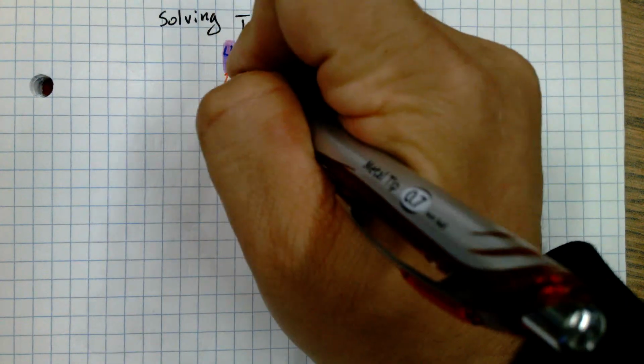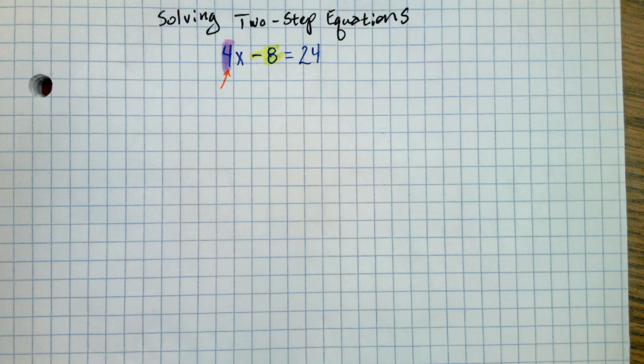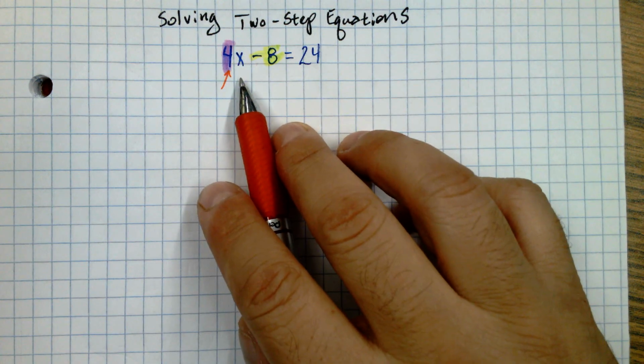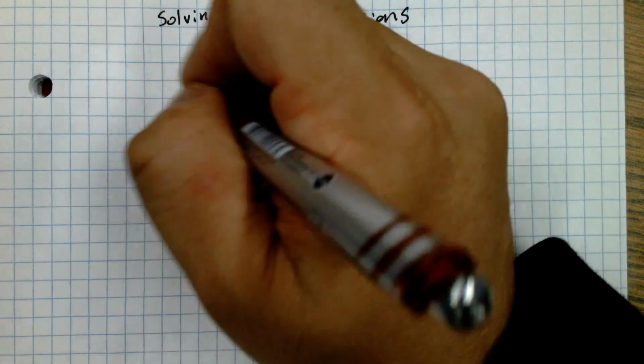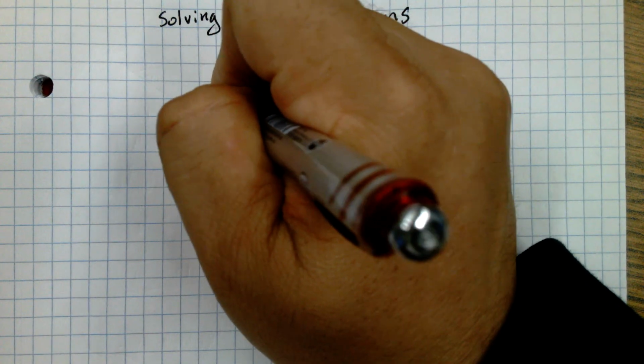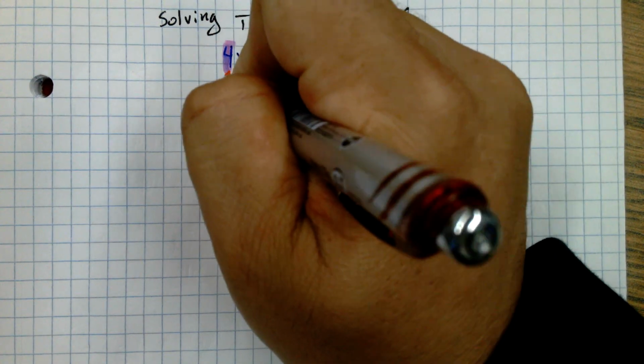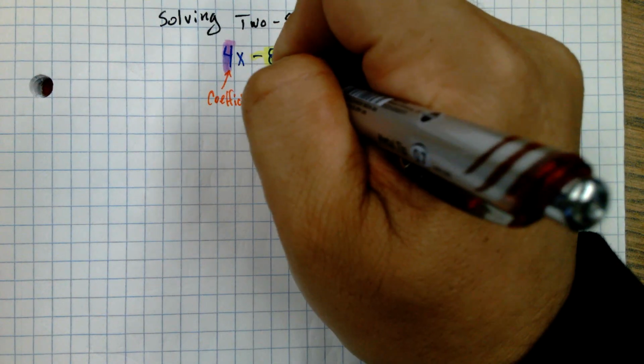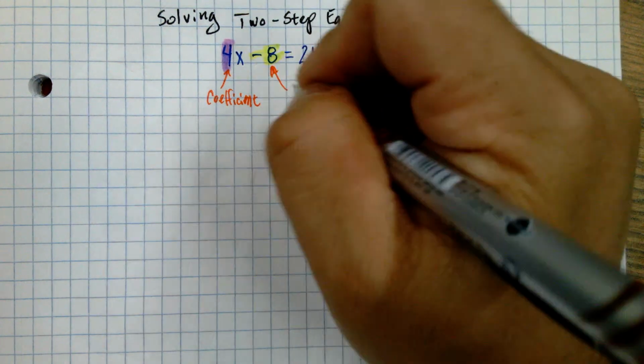Now we have specific names for these numbers in these locations. This one we've been using a lot. They both start with a C, but the number that's multiplying with a variable, does anyone? Coefficient. That's our coefficient. This number also starts with a C. It's called a constant.